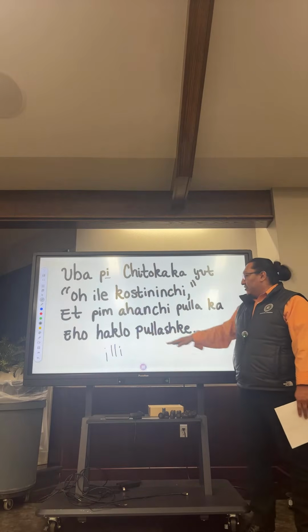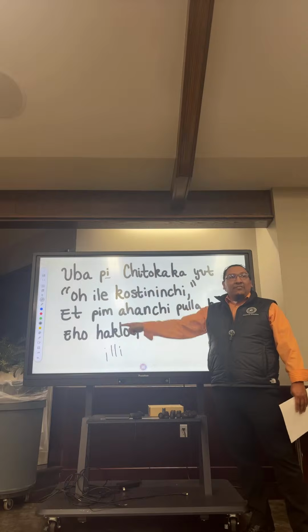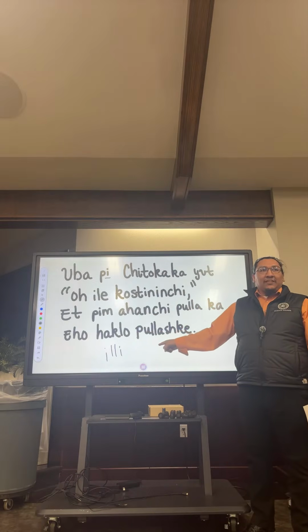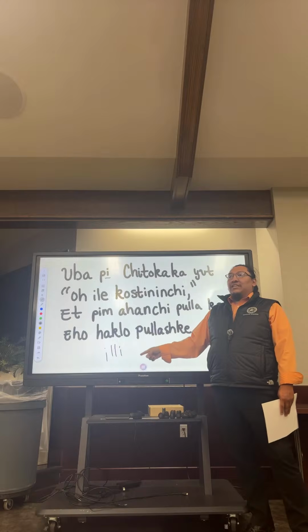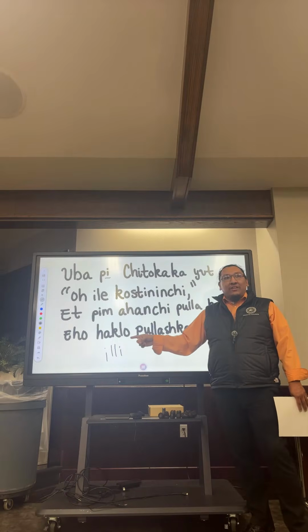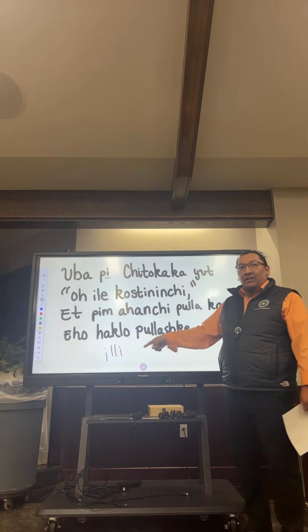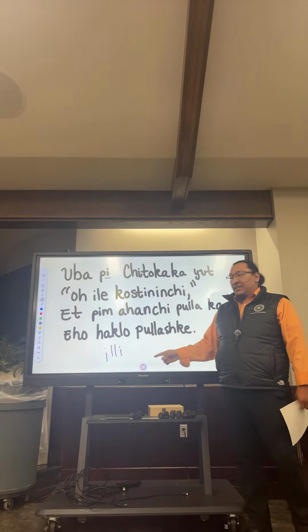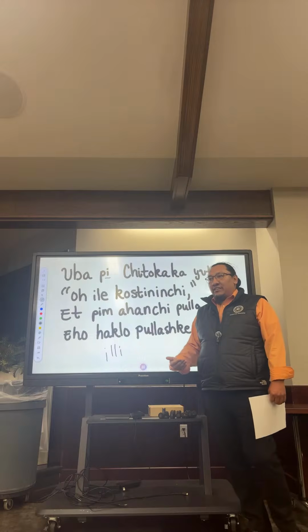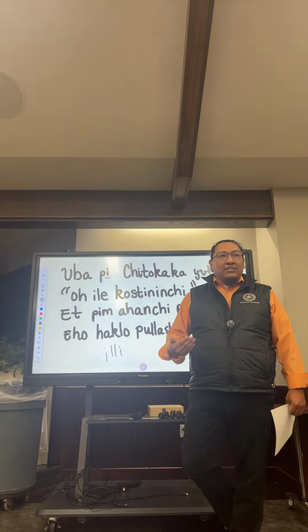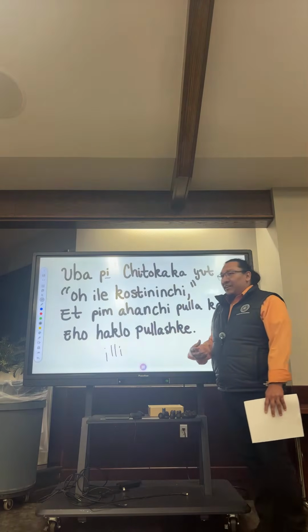So now that you know pulla, haklo, and iho, what does that last sentence say? We must all listen. Yeah. We must all listen, or we all shall listen. But this pulla kind of makes it must. It is necessary that we listen.